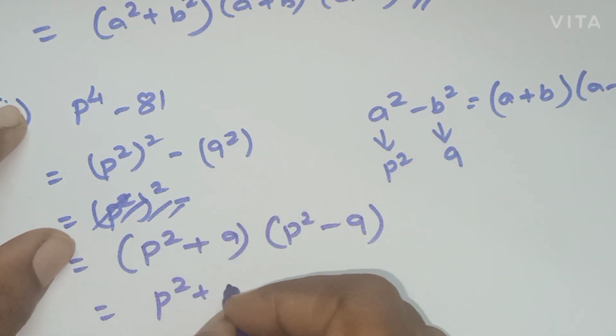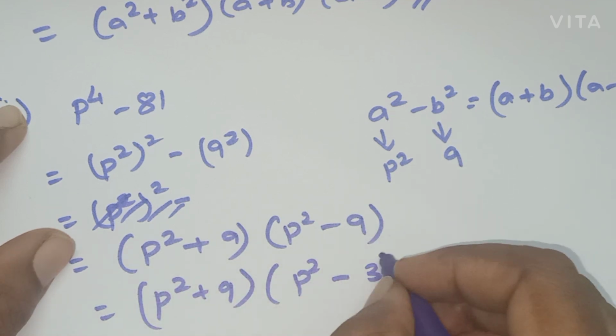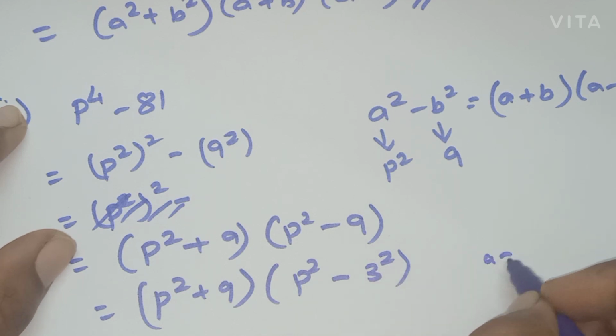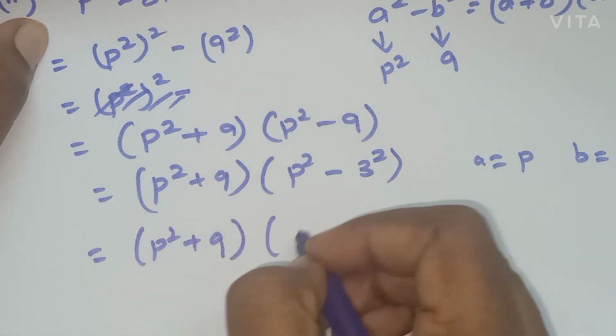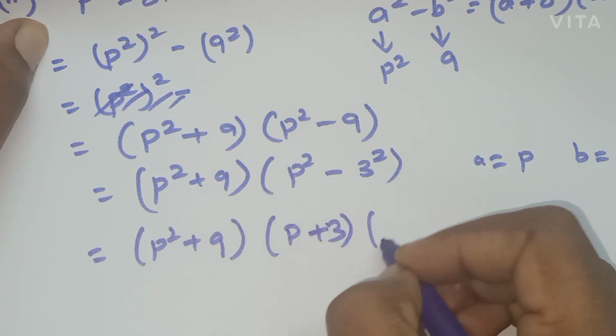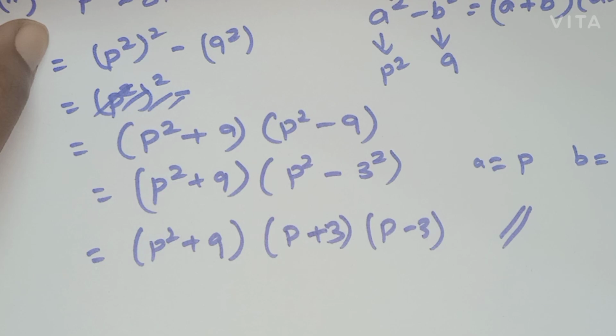Now p square minus 9 we can write as p square minus 3 square. Once again it is of the form a square minus b square. So in the place of a I have p, in the place of b I have 3. The answer will be p square plus 9 into a plus b, p plus 3 into p minus 3.